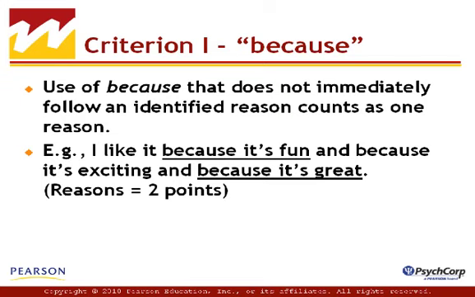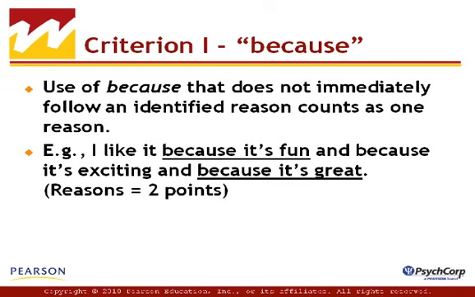Let me say something about criterion I, because. Often individuals will use the word because to present their reasons. If I use the word because and it doesn't immediately follow a reason I identified, so let's say, also I like it because, you already identified that as a reason based on the additive conjunction also.